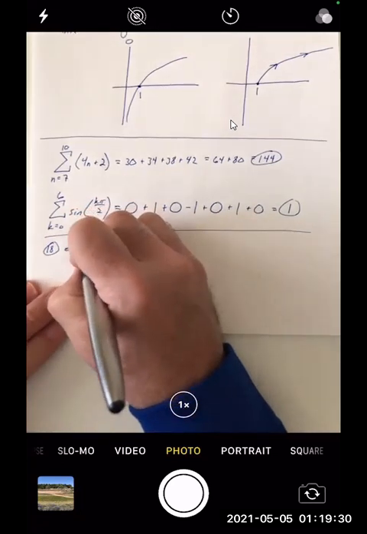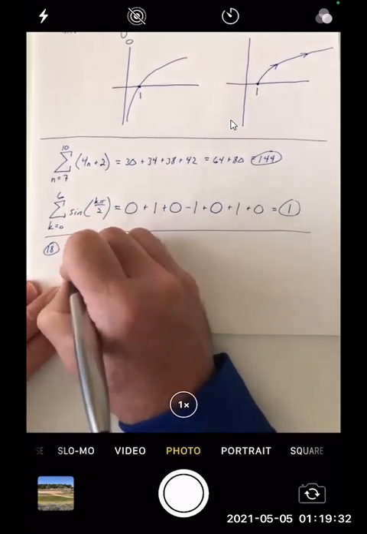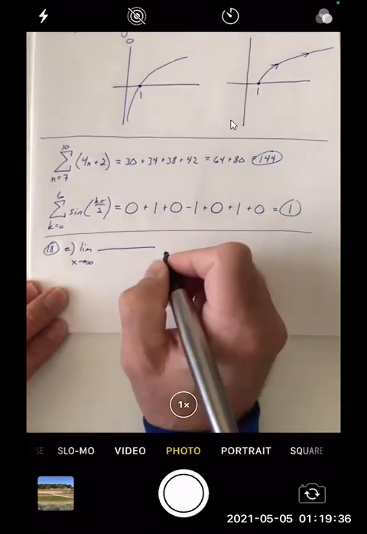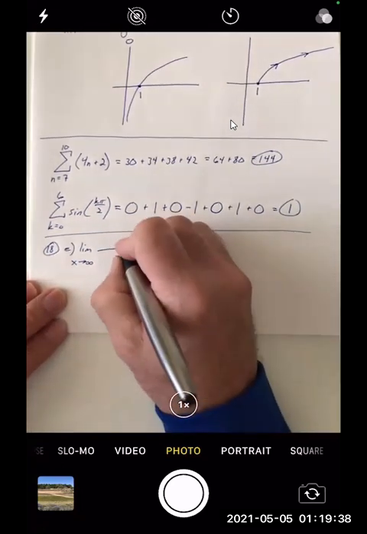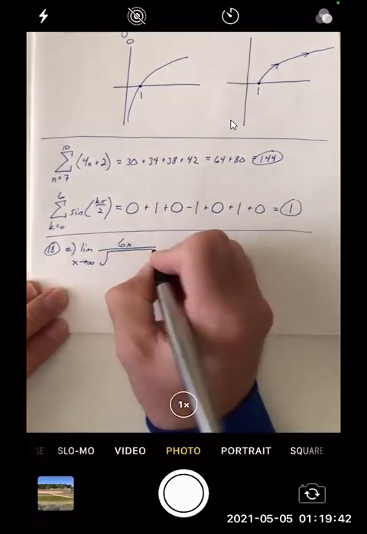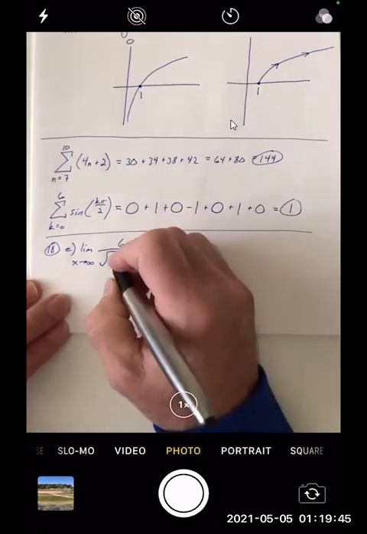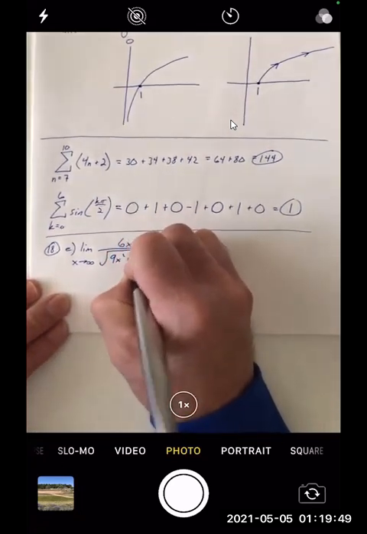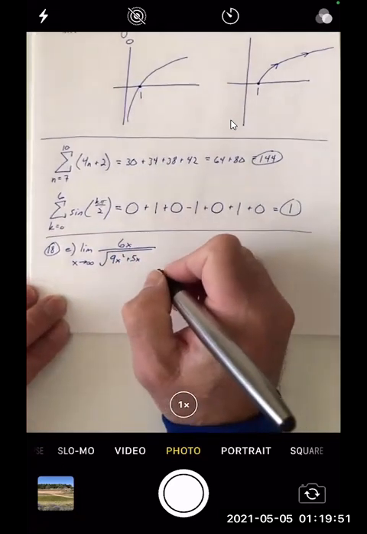So the limit as x goes to infinity of 6x over the square root of 9x squared plus 5x minus 2.